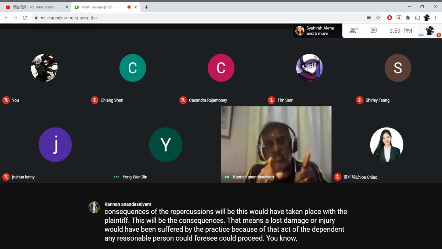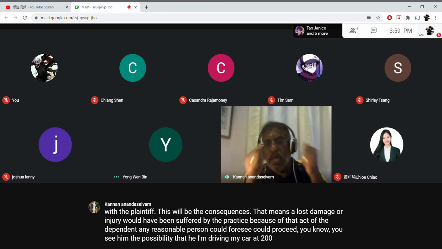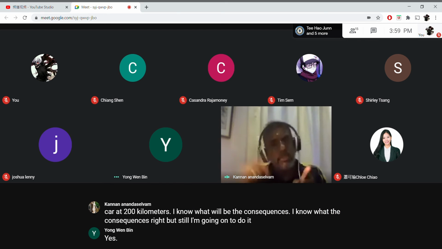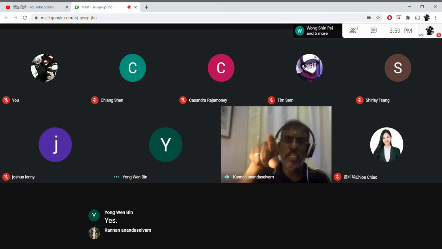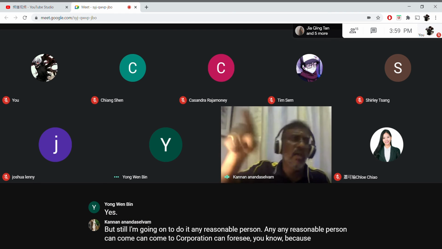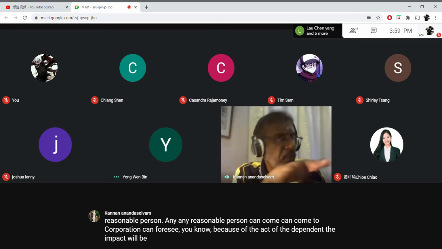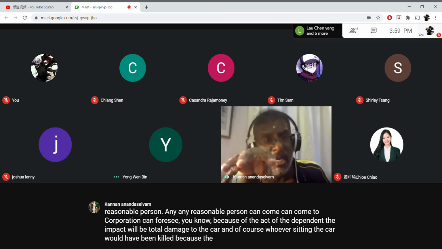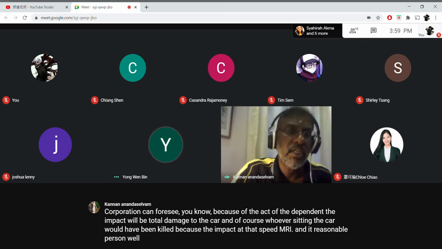You see, let's say I'm driving my car at 200 kilometers. I know what the consequences are, right? But still I'm going on to do it. Any reasonable person can foresee that because of the act of the defendant, the impact will be total damage to the car. And of course, whoever is sitting in the car would have been killed because of the impact at that speed. Am I right? Any reasonable person will come to that conclusion, right?